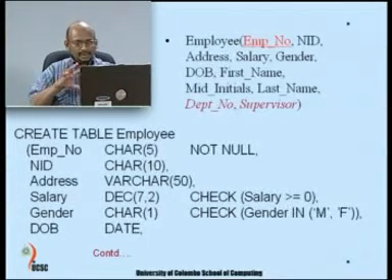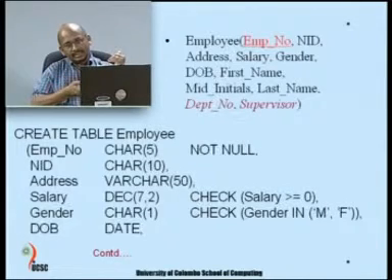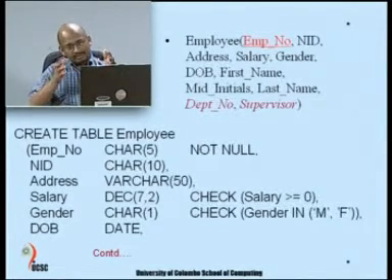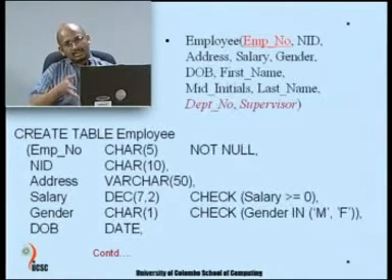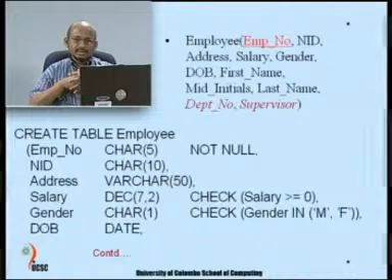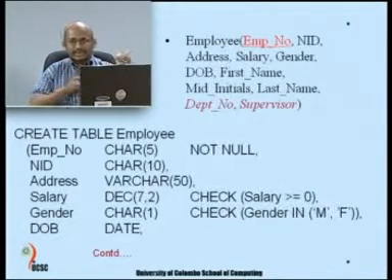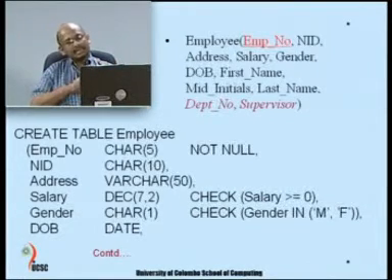As an example of how a particular statement would look, I have selected an example involving creating a table for an employee. Assuming we want to record data about employees, that employee table has to have a column to store an employee number, a column for the employee national ID, address, salary, gender, date of birth, and so forth. Each of them you need to define as a column definition first, then wherever applicable you define the constraints.